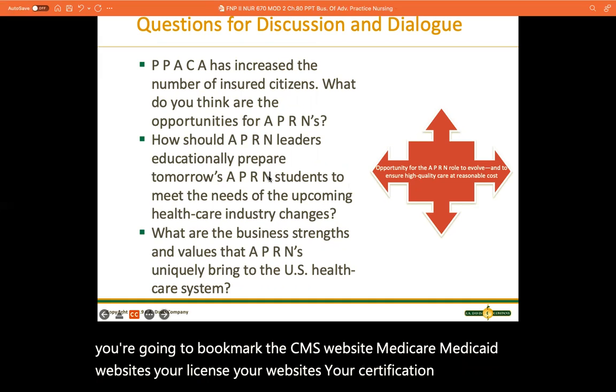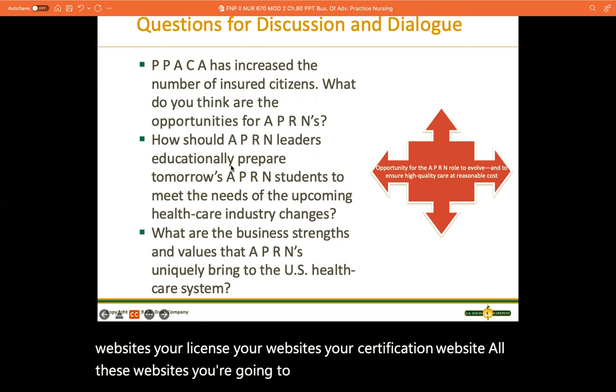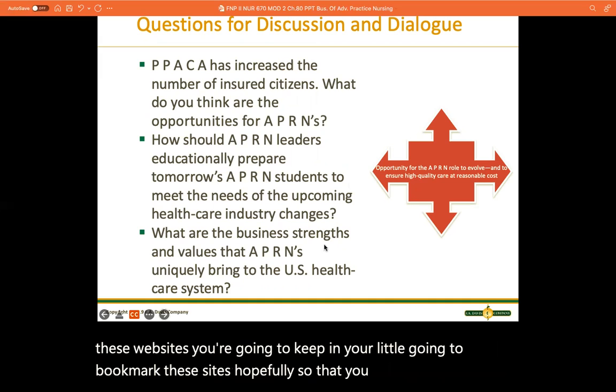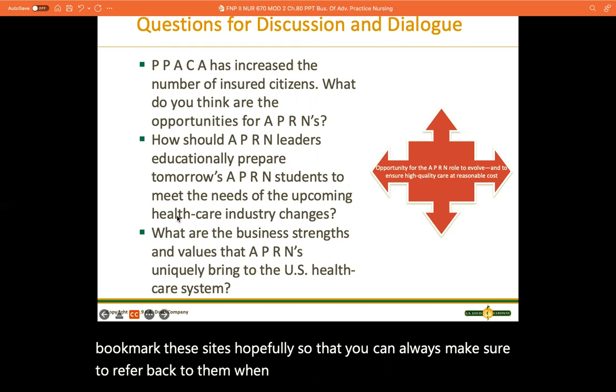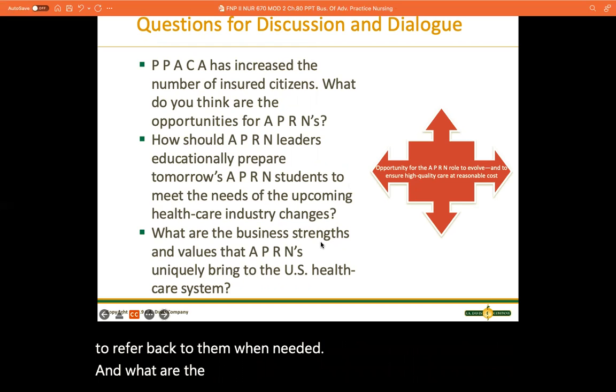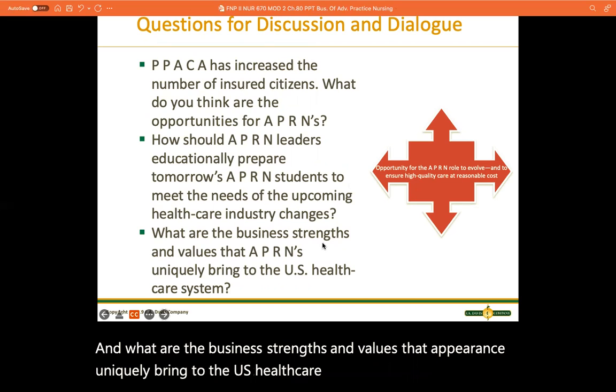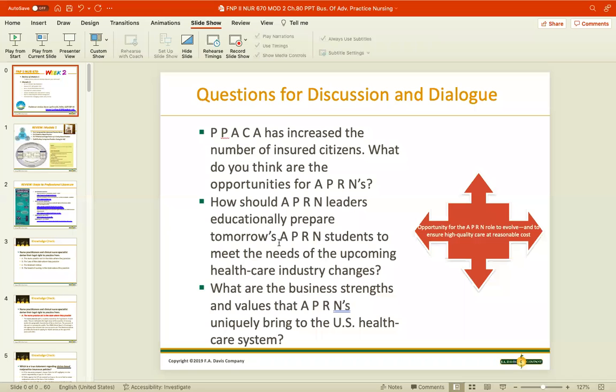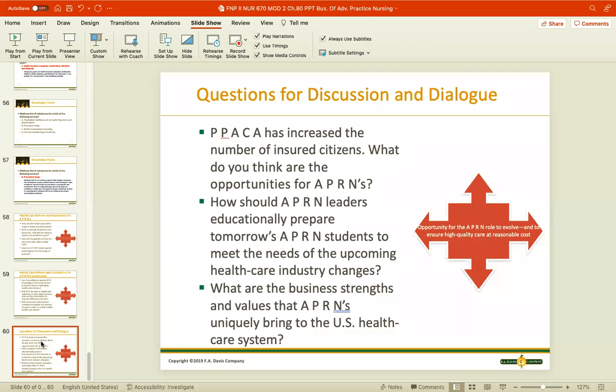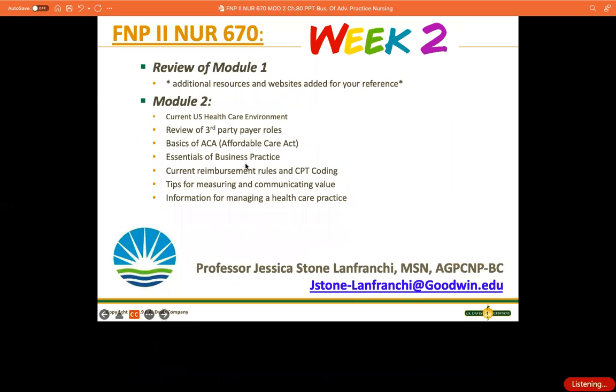You're going to bookmark these sites, hopefully, so that you can always refer back to them when needed. And what are the business strengths and values that APRNs uniquely bring to the US healthcare system? Well, that's an interesting thought. Obviously, we bring a lot to the US healthcare system just in the care we're providing.